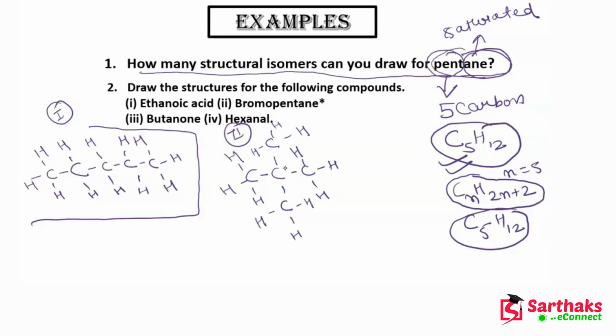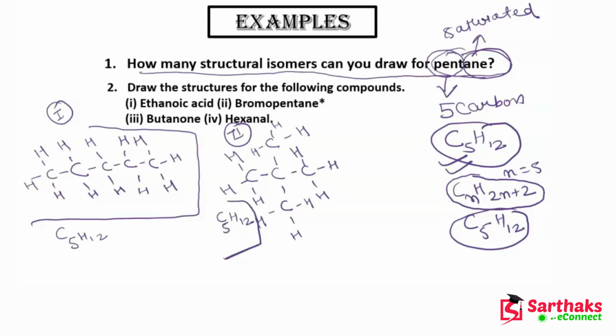Now you can see that here also 5 carbons are present, and 1 2 3 4 5 6 7 8 9 10 11 12, so 12 hydrogens are present. So here the molecular formula is C5H12, and here also the molecular formula is C5H12.